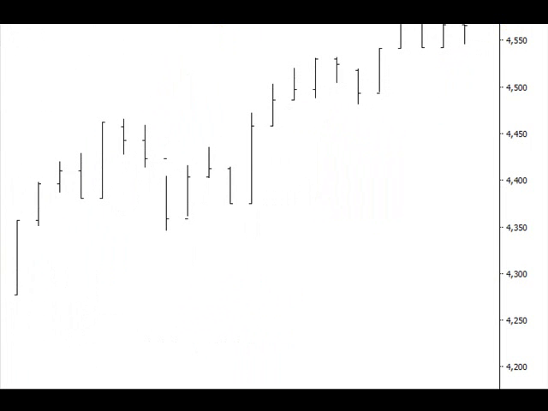A bullish up bar really gives confidence in the market likely to continue in that direction. Now let me show you what I mean here, with an example on the chart.